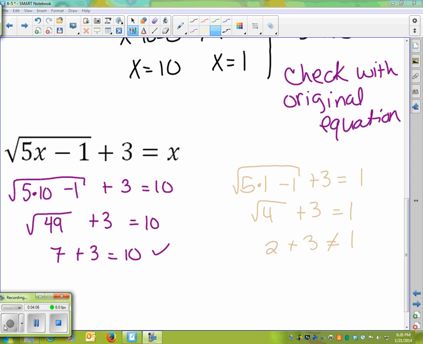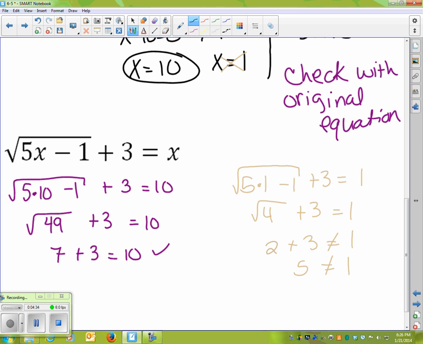I went back and I checked both with the x equals 10 and x equals 1. When I plugged 10 in, showing all my work, I got that the solution worked out. When I plugged the 1 in, showing my work here, I got 2 plus 3, which is 5, and does not equal 1. So x equals 1 did not work out, and my solution is x equals 10.